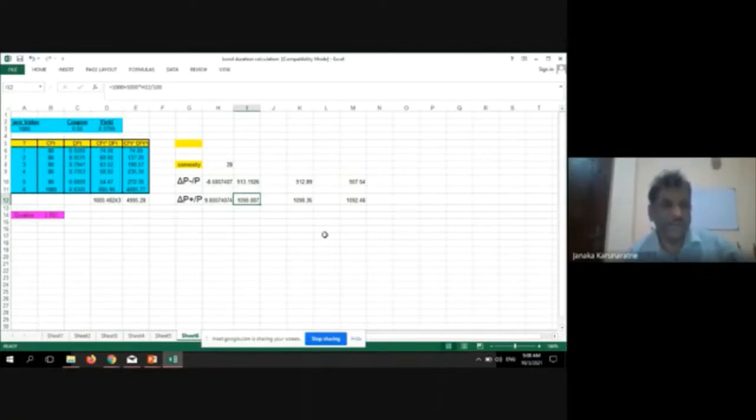Duration is also a conceptual framework which you can use for interest rate risk management. That is the important thing, because duration is a benchmark indicator that any risk manager can use to manage a portfolio of interest related instruments, on either the asset side or the liability side. That is the important message.